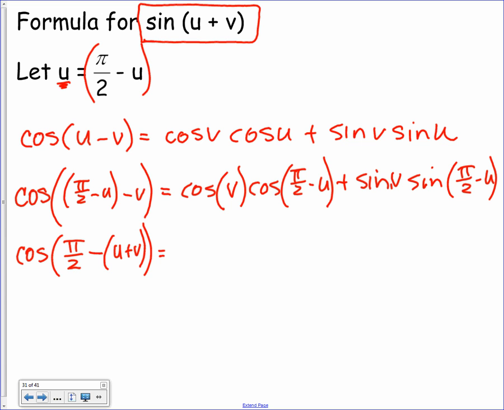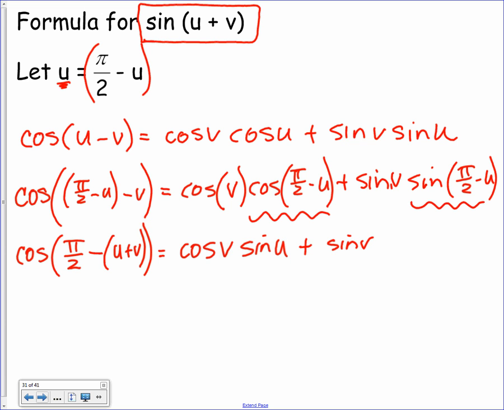Okay. And now I want you to go back and think about cofunctions. This is the cosine of v. What is the cosine of pi over 2 minus u? This is a cofunction answer. You're talking about a 90-degree difference. Well, this is the sine of u. Okay? Plus, you've got the sine of v.